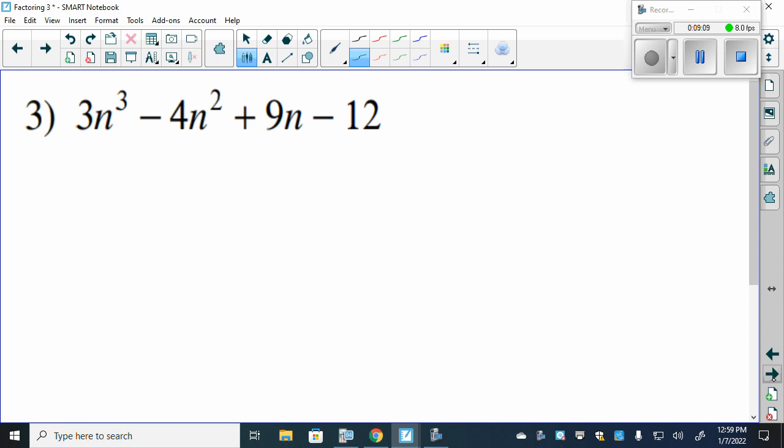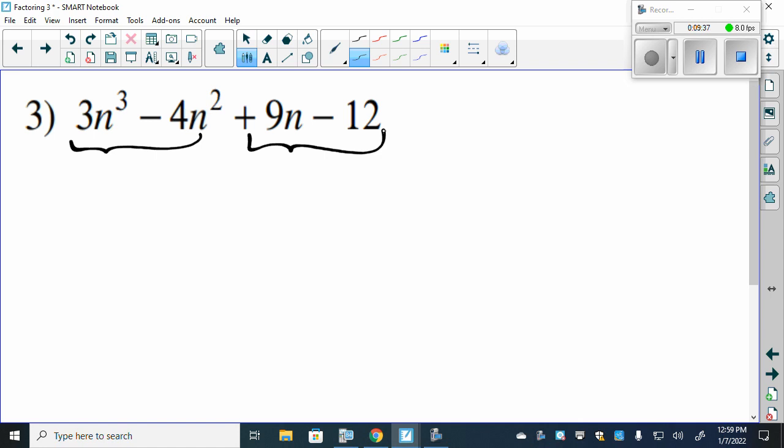So when we look at this one here, we want to factor it by grouping, because once we hit 4 or more terms, it's going to be easier to factor it by grouping than anything else. So what we can do is look at the first 2 terms and the second set of 2 terms. If I look at 3n cubed and 4n squared, is there a greatest common factor between them?